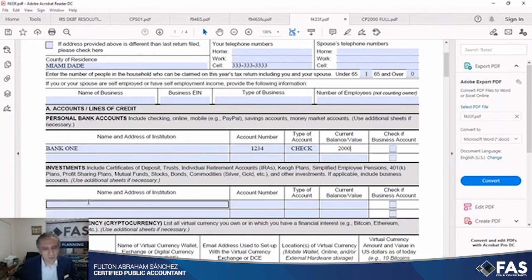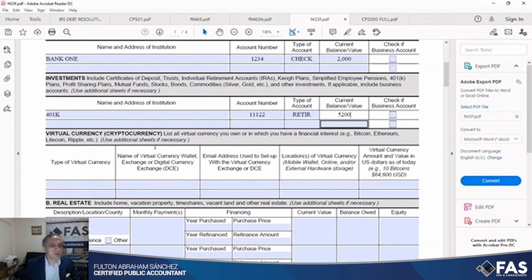Investments, if you have a 401k, you have to put the 401k. Account number, you have to check that on your statement. Type of account is retirement. Balance, this is how much you have. Let's say 5,200.